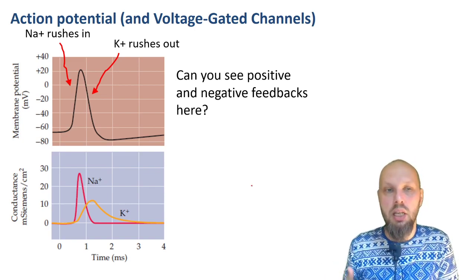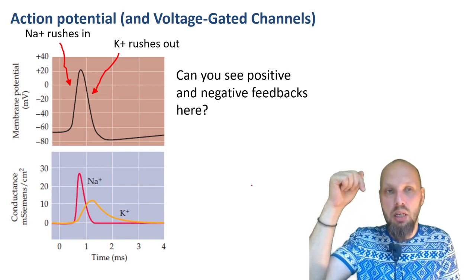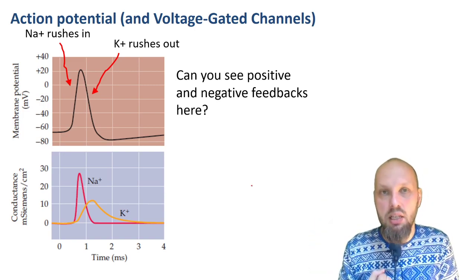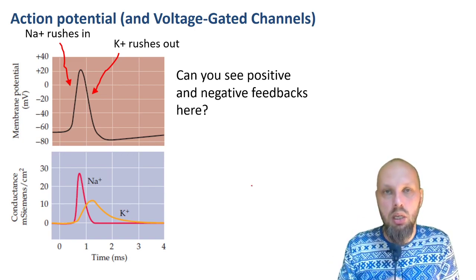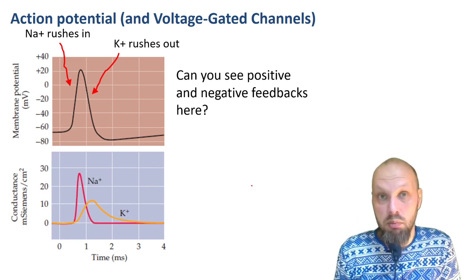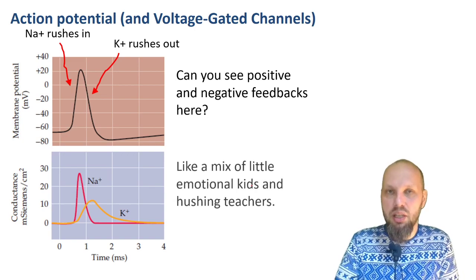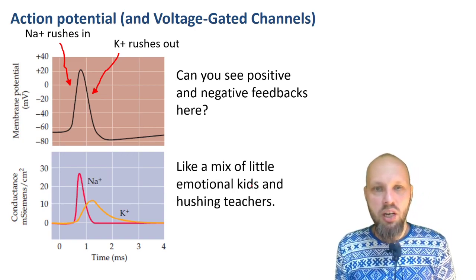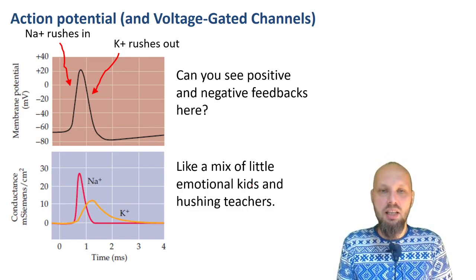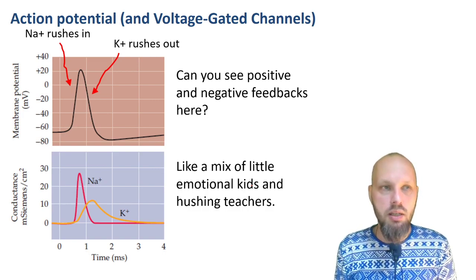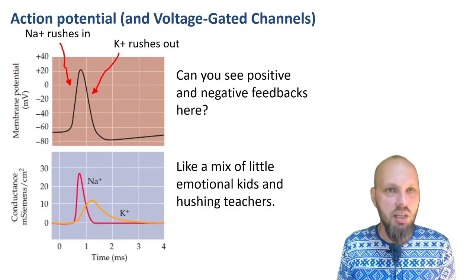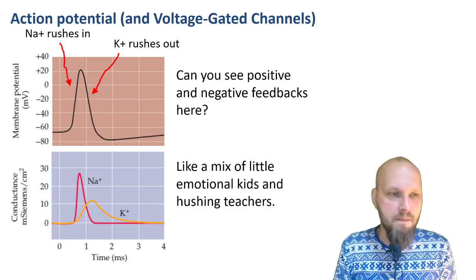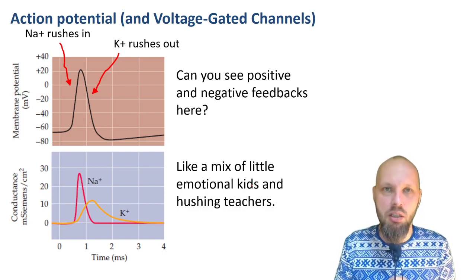While in the action potential, the process of inactivation, kind of returning back to the original voltage, is about as fast as the process of depolarization. So the best example that I came up with is this weird vignette where you have a bunch of little emotional kids and some really strict teachers. Imagine some sort of orphanage in a steampunk universe, which is kind of grim dark a little bit.